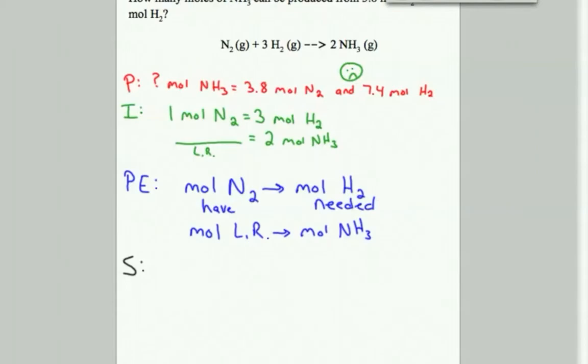Here we go. I have 3.8 moles of N2. If I wanted to use up all of that N2, for every 1 mole of N2, I would need to provide 3 moles of H2.